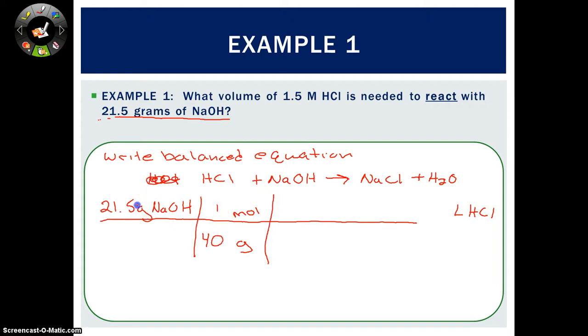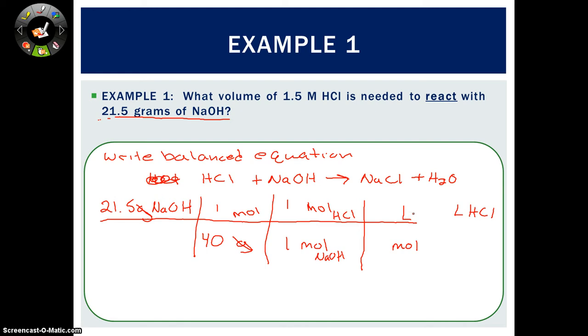Okay, so now I have moles of sodium hydroxide. I need to find something about hydrochloric acid. So on the top I'm going to put moles of HCl. This from the balanced equation, so 1 and 1. This is where it gets different. Now I have moles of hydrochloric acid, and what I want is liters. I can't use 22.4 here.